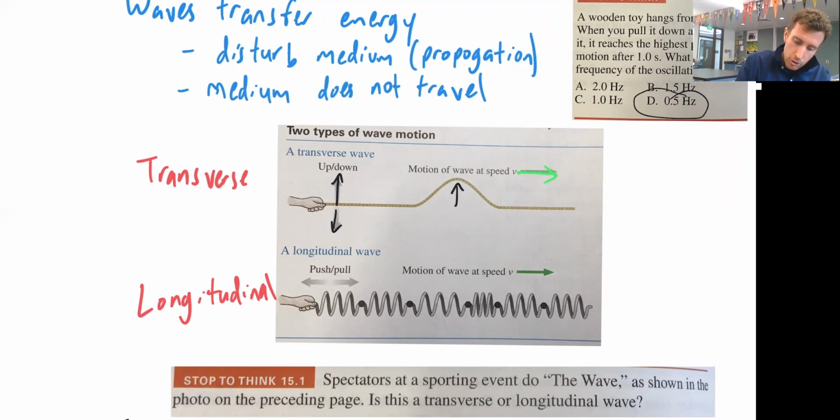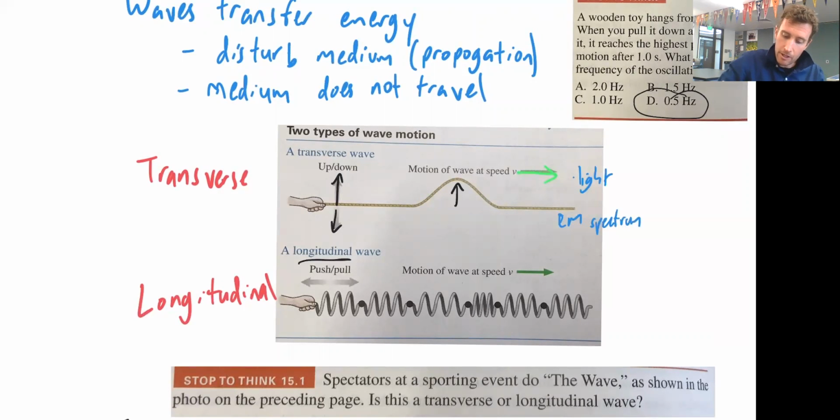Now, a longitudinal wave can also be called a compression wave, because this is the one where they're going together and apart. So just to kind of refresh your memory, a transverse wave, an example of that would be light or anything on the electromagnetic spectrum.